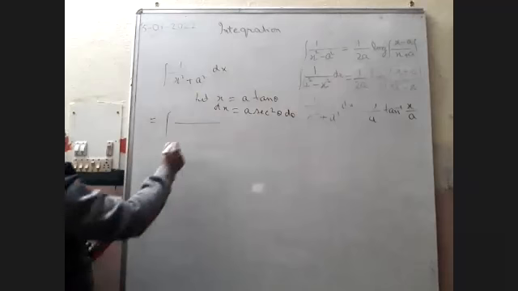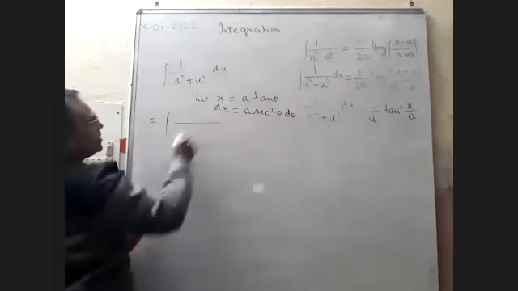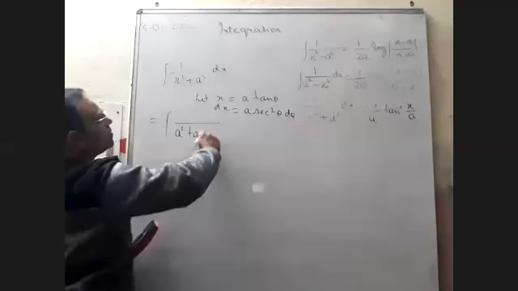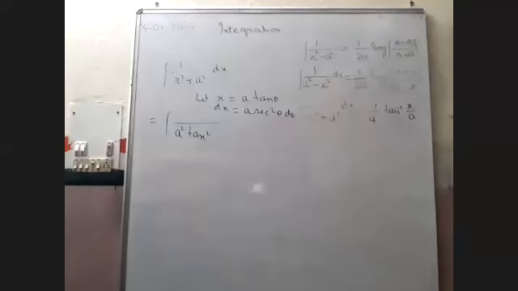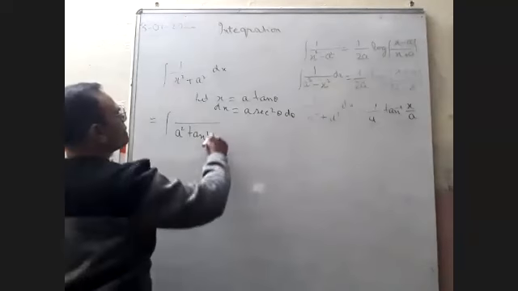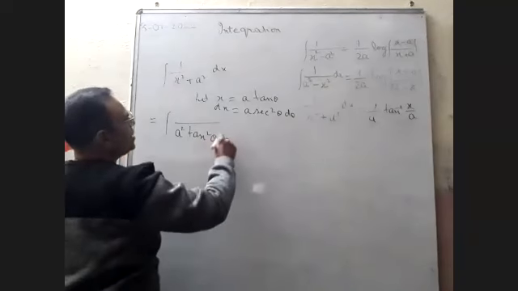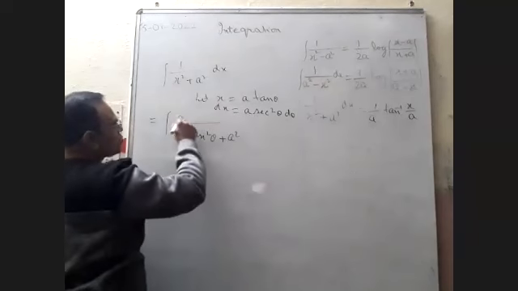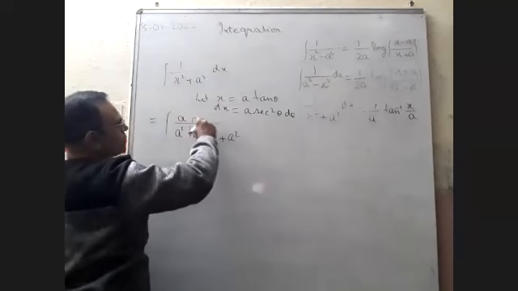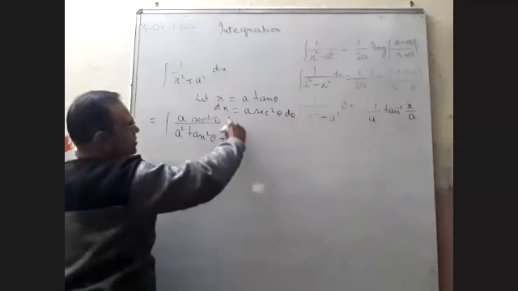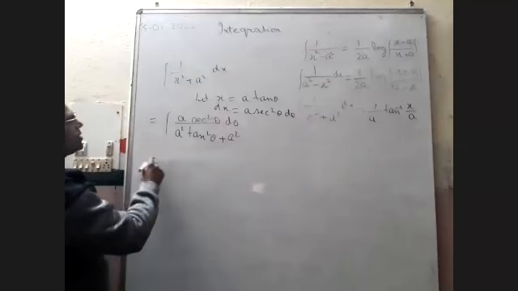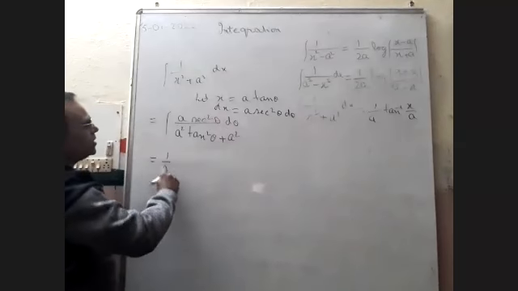We are putting in place of x, a tan theta. So a square tan square theta plus a square. In place of dx, we are writing a sec square theta d theta. If you take a square common, after cancelling a, you will get a only here.